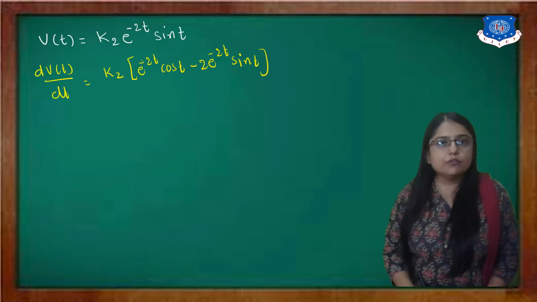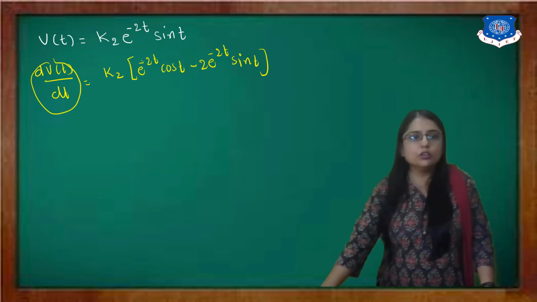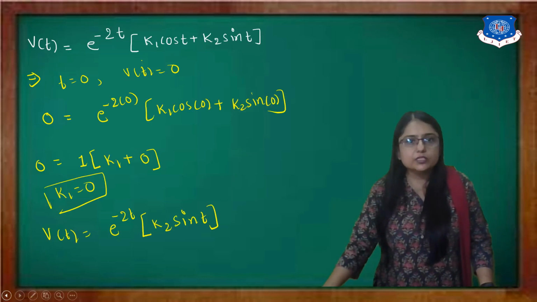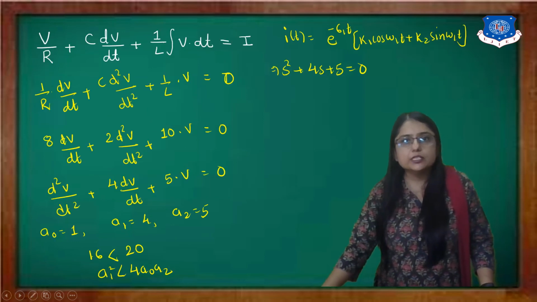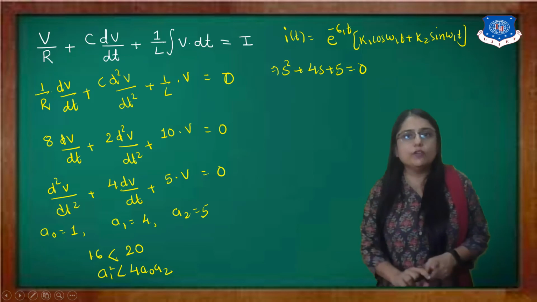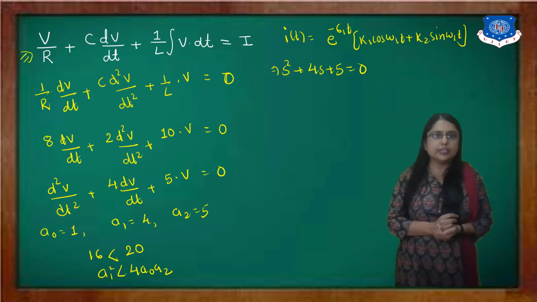Now I want to find this dV of t by dt. For that, I require my first equation. Remember this: we always require this equation when we want to find the value of the derivative term.